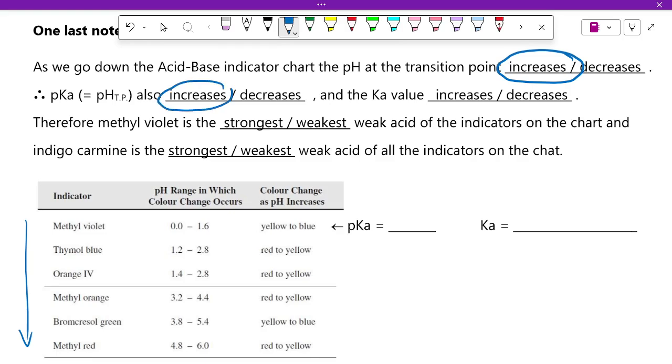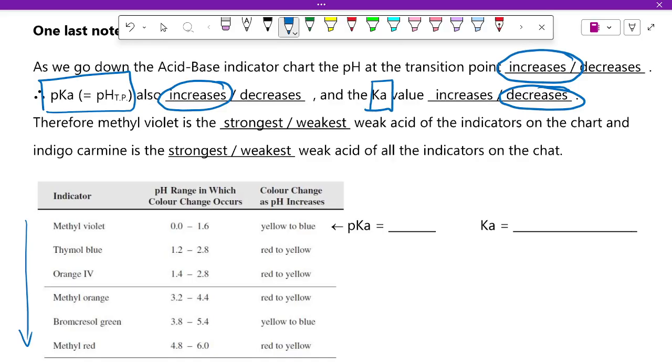It is also increasing because these two are the same. Yes? And if pKa is going up, then Ka is going down. Because remember, p values and their regular values go opposite directions. If you have a higher hydrogen ion concentration, the pH gets lower. If you have a low pH, the hydrogen ion concentration gets higher.